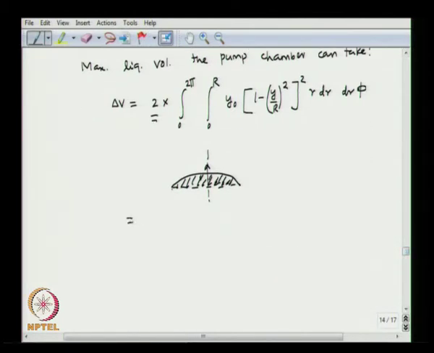So, we get 2 pi over 3 into y0 R square. The maximum deflection is given as 40 micron, so this will be 4 into 10 to the power minus 5, into the radius of the membrane.